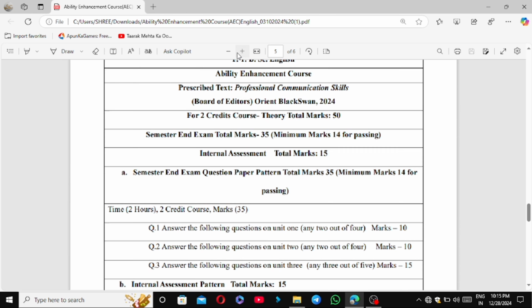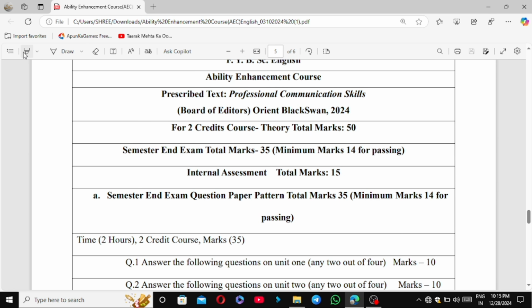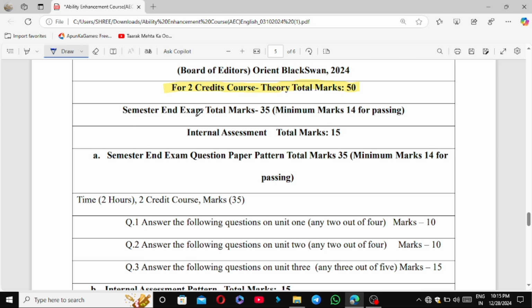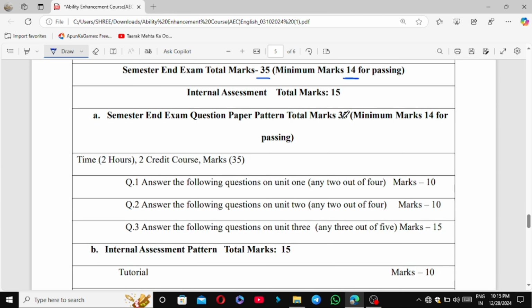As you can see, the English subject is for 2 credits, theory, total marks 50. Semester end exams are for total 35 marks, with a minimum of 14 marks for passing, and internal assessment is for 15 marks.